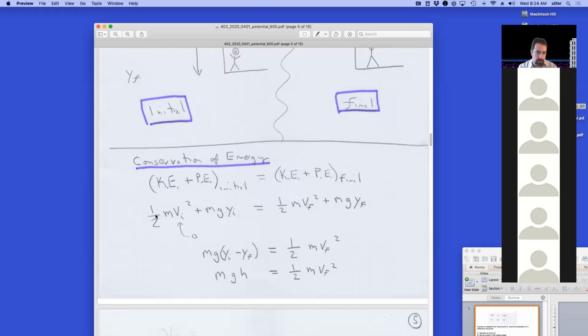Kinetic energy is 1/2 mv squared, right? You guys remember that, I hope. The gravitational potential energy is mgy, and we have that in the initial state, and in the final state the final kinetic energy and the final potential energy.